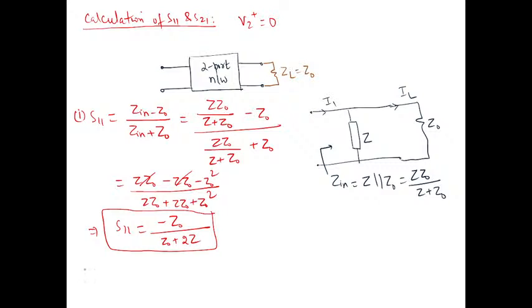Now how will you calculate S21? S21 is simply equal to IL into Z0, where Z0 is basically this ZL, divided by I1 into Zin, into 1 plus S11. So from here we can calculate S21 as IL upon I1. So what is IL upon I1?